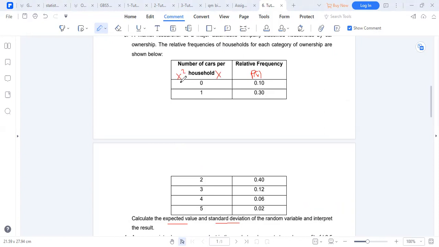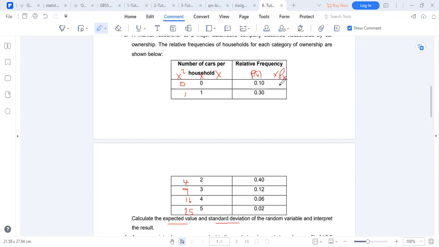Square of 0 is 0, square of 1 is 1, square of 2 is 4, square of 3 is 9, square of 4 is 16, square of 5 is 25. Then multiply the values of x times the probability, x P(x). The total is called the mean.